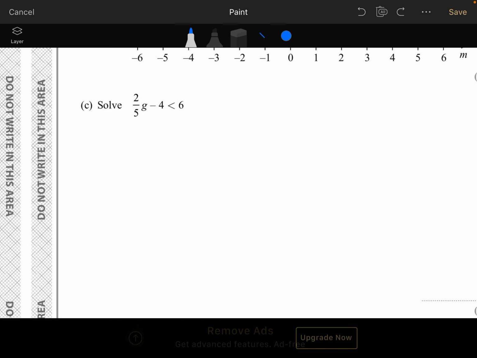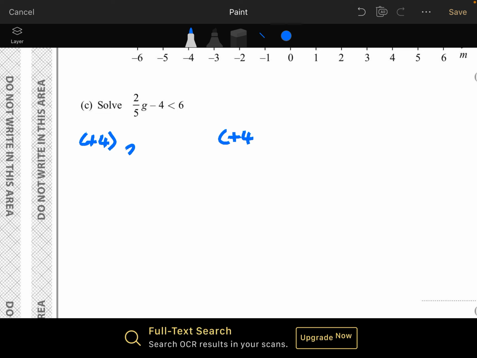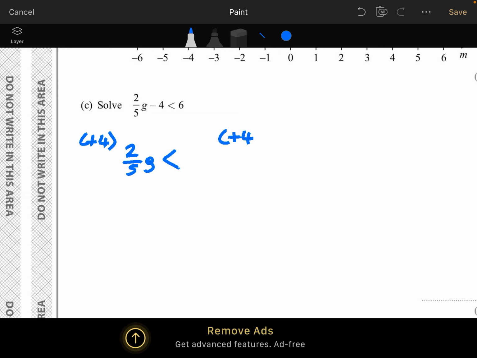So the first thing to get rid of is that minus 4 by adding 4 to both sides. So adding 4 to both sides leaves me with 2/5 G, minus 4 plus 4 cancel, so that's just less than, and then 6 add 4 will give me 10.